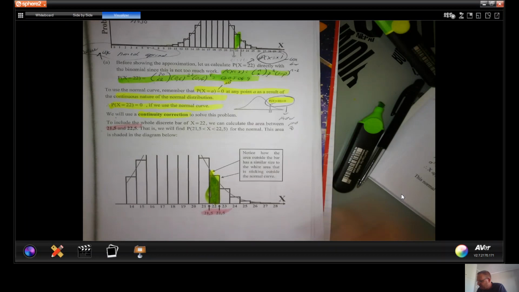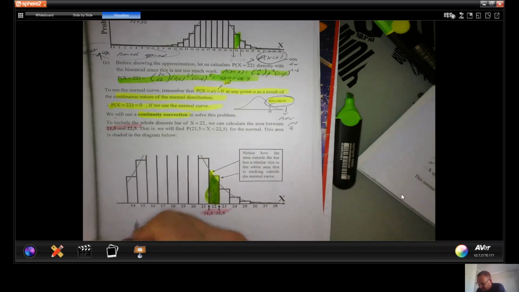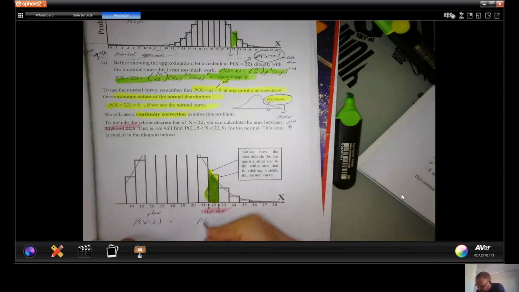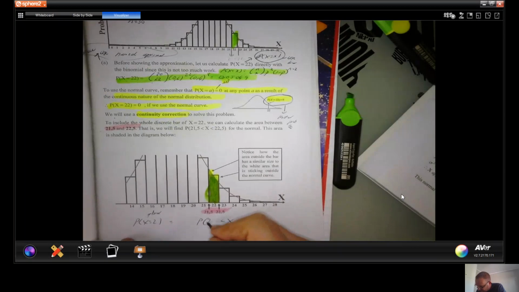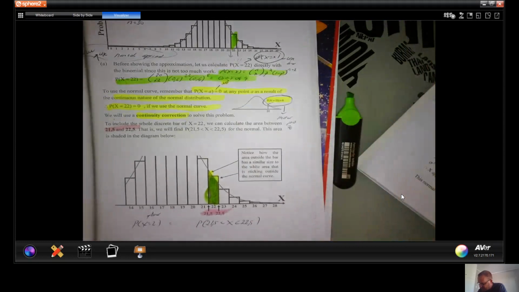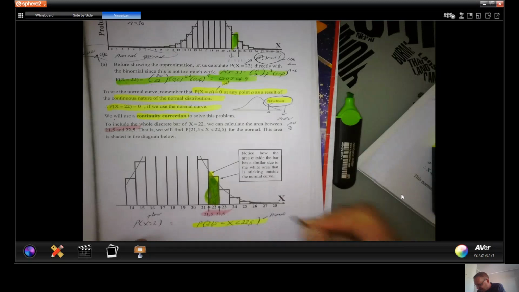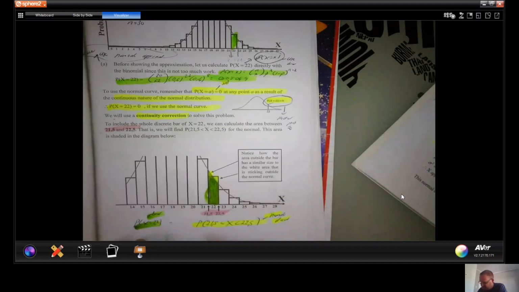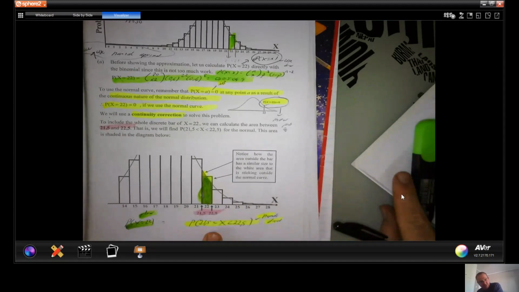So here, if I'm using a normal distribution, in order to get the probability of x is equal to 22, which is what I got from the binomial distribution, I'll have to look for the 22 bar. It approximates the probability that x is bigger than 21,5 and less than 22,5. That's where the 22 bar falls in. So in a normal distribution, to work out the probability that x is equal to 22 on a binomial distribution, that's what you'd have to work out.